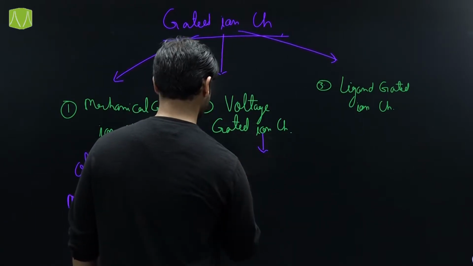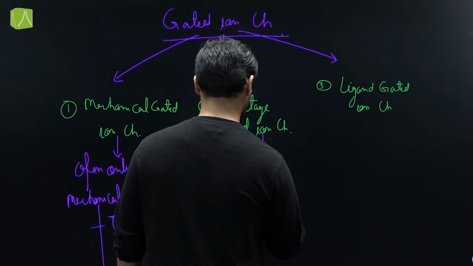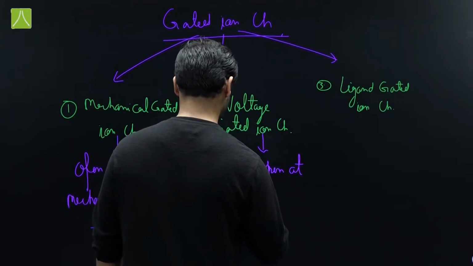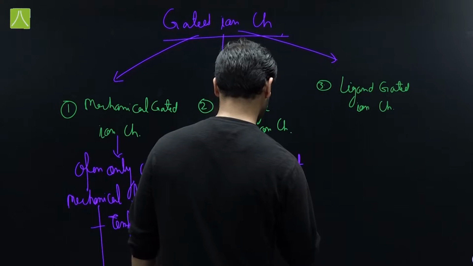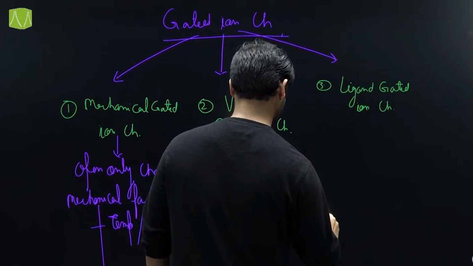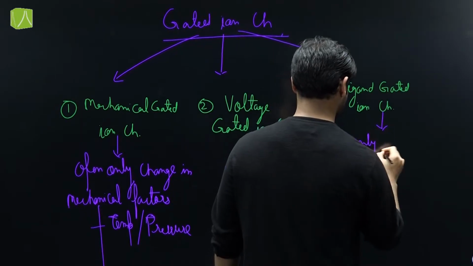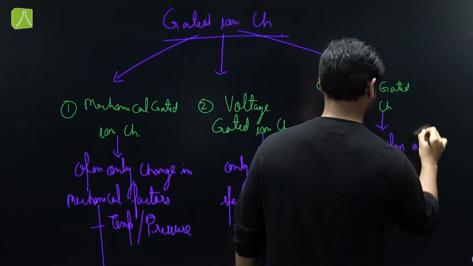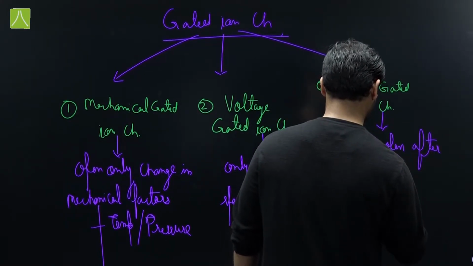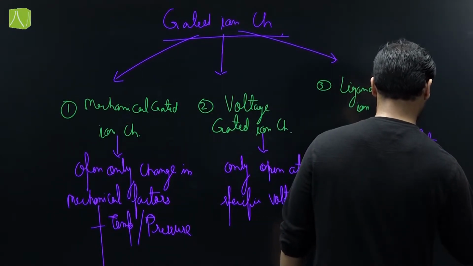Voltage gated ion channel: open at a specific voltage difference, and ligand gated ion channel: open with a specific ligand.